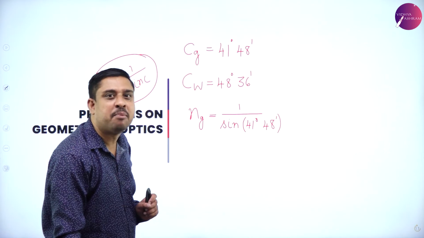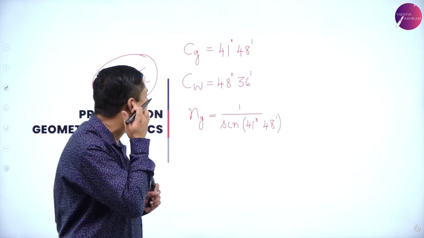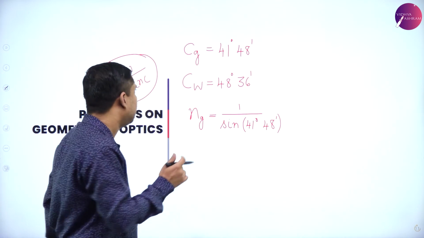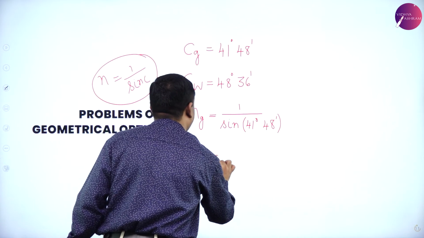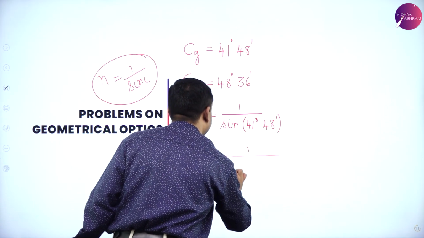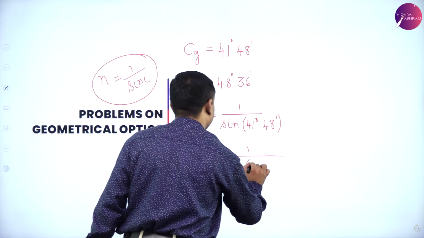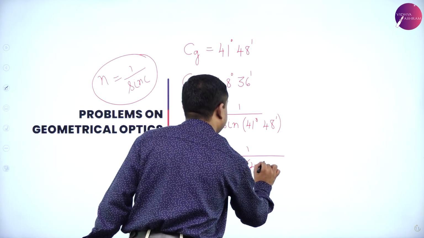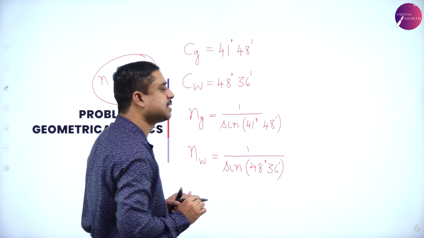That is how you nab the problems. N is always 1 by sine C. And refractive index of water is 1 by sine 48 degrees 36 minutes.